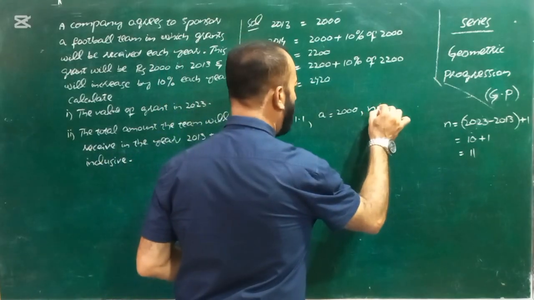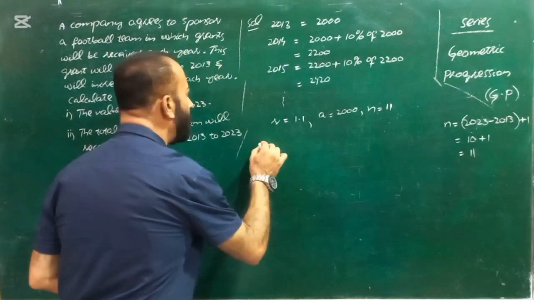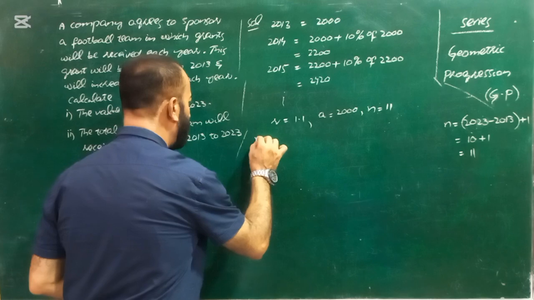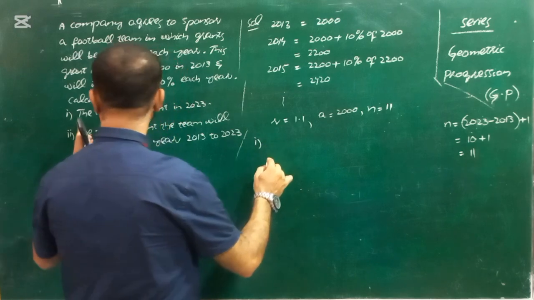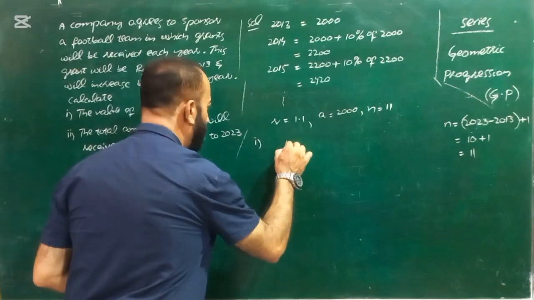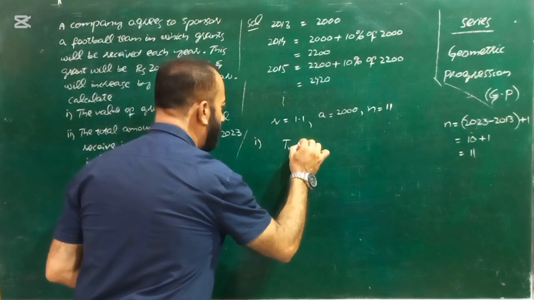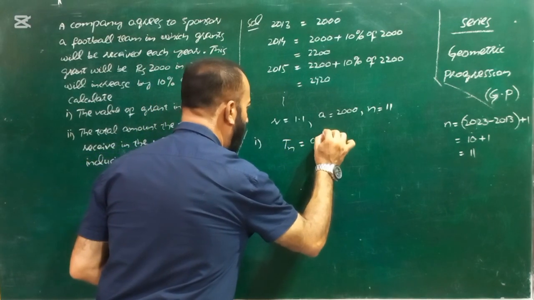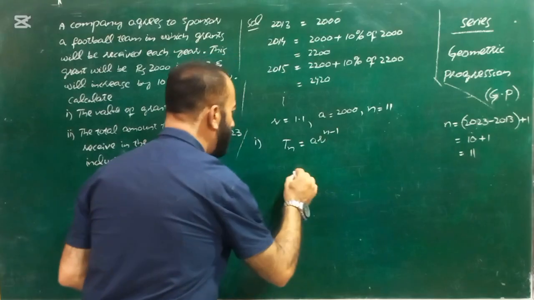So n is equal to 11. Now we will put the values into the formula. Tn is equal to ar^(n-1).